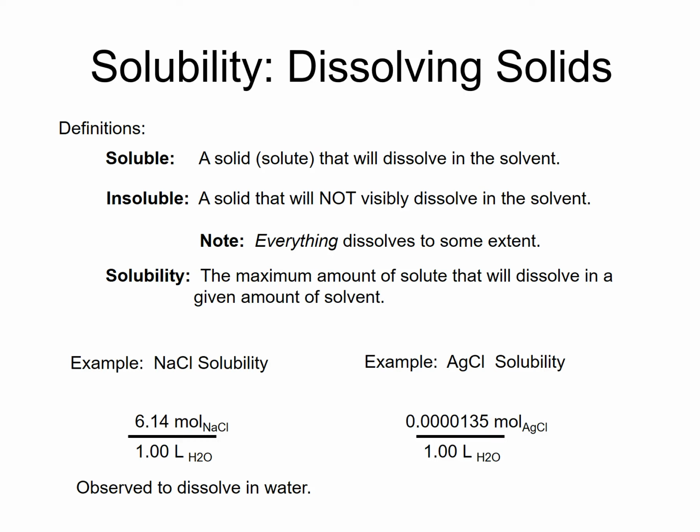In fact, only 0.0000135 moles of silver chloride will dissolve in that same liter of water that previously had dissolved 6.14 moles, 100,000 times more sodium chloride. So keep in mind, although silver chloride is considered by most to be an insoluble substance, the truth is that it does dissolve in water to some extent, just a very small amount.